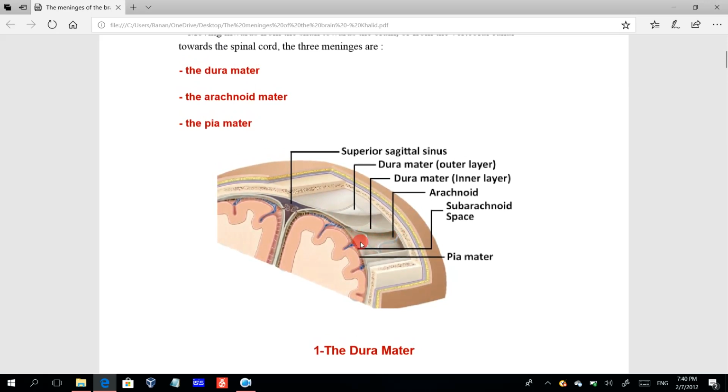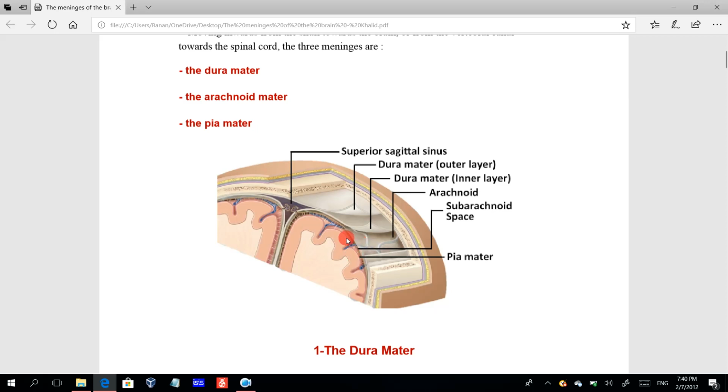Arachnoid means spider, ankabut, because of the presence of multiple trabeculae that attach this layer to the underlying layer. These trabeculae give this layer the appearance of a spider web, so it is called arachnoid mater, al-um al-ankabutiyya.